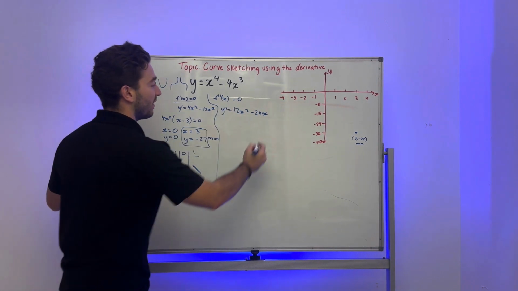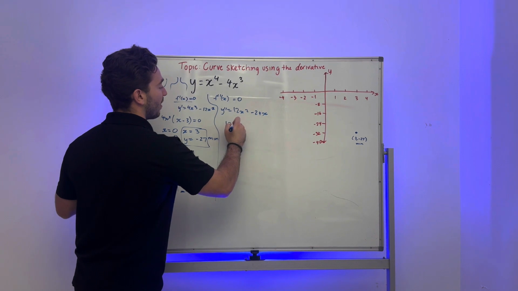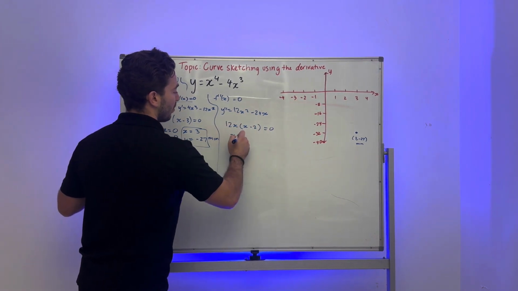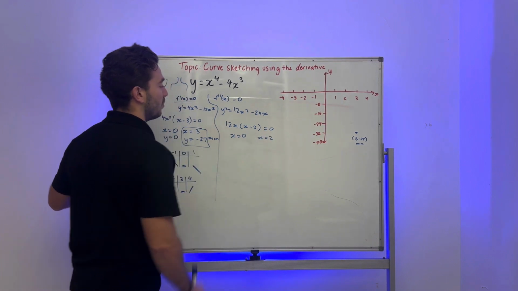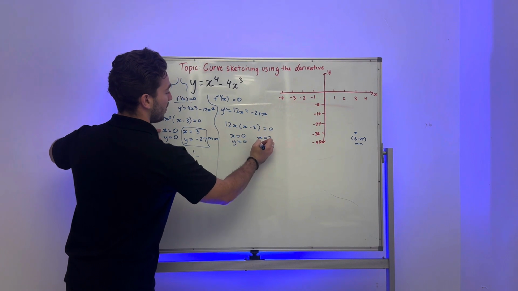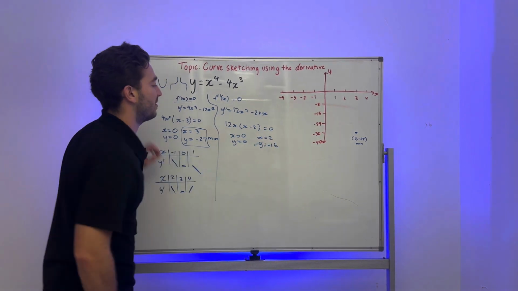Now I know my point of inflection is when that equals 0, so I'm going to set that equal to 0 and factorize out the 12x. I'm left with x minus 2 equal to 0. So x is equal to 0 and x is equal to 2. Now I already know when x is equal to 0, y is equal to 0. But when x is equal to 2, y is equal to negative 16.